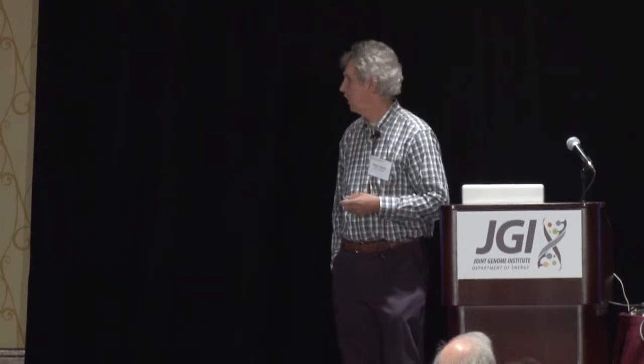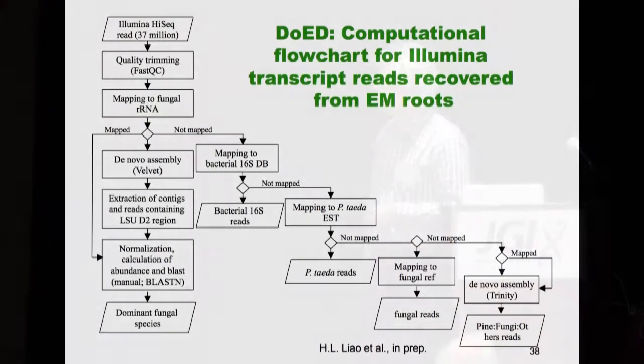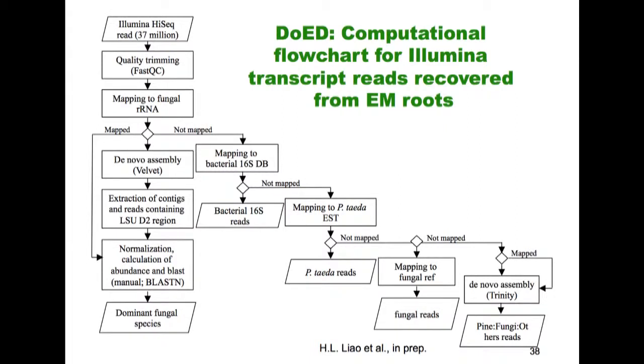So my postdoc, Sonny Leo, developed a pipeline for basically analyzing the metatranscriptomes of these mycorrhizal root systems. And we can do a number of things with this informatic pipeline. First of all, we can go directly and start mapping and identifying the fungi that are present based simply on their ribosomal genes that leak through the HiSeq run.